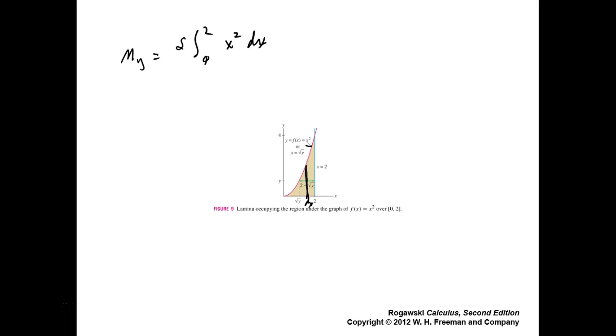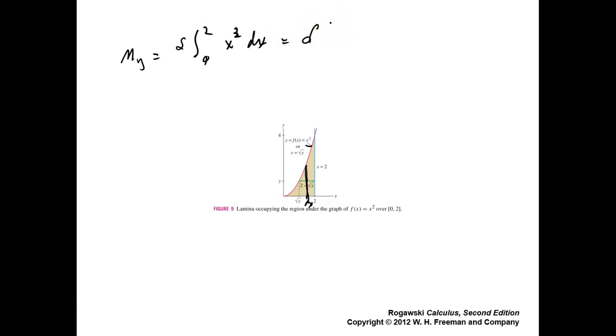But your distance part, and area times density is mass, and then the distance here is x. That's how far you are from the y-axis. So you have another x in there. So this brings it up to an x cubed. Do you see that? x times f of x. Now, that's going to be fairly straightforward to do. That's going to be your density delta.